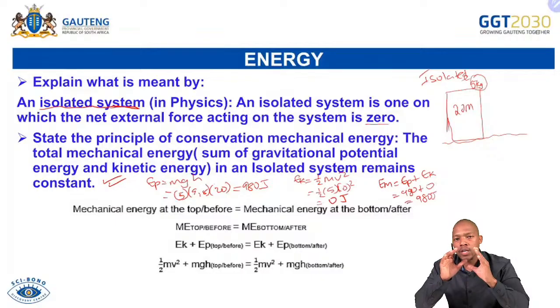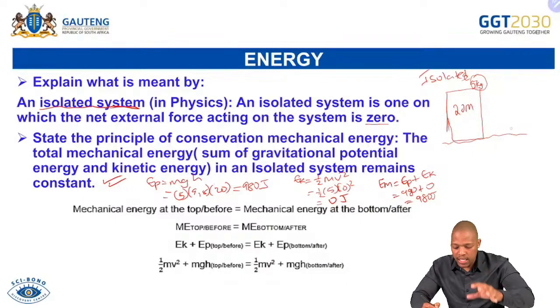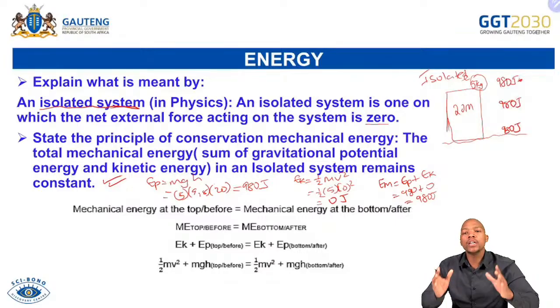Now, the principle of conservation of mechanical energy says that the mechanical energy of the ball will not change even if the ball starts dropping now. If the system is isolated, then the total mechanical energy will remain constant. So the mechanical energy here will be 980 joules, and halfway it will still be 980 joules. And even as it reaches the ground, it will still be 980 joules. It remains constant. The total mechanical energy will not change.